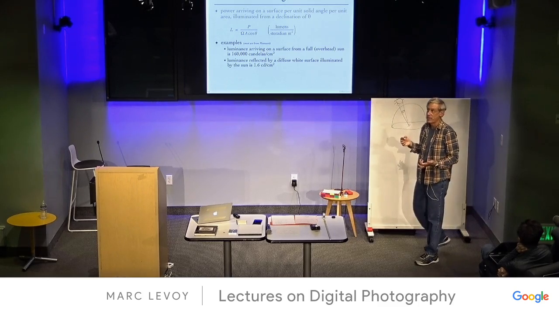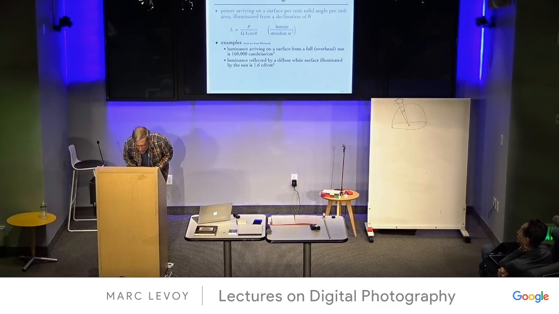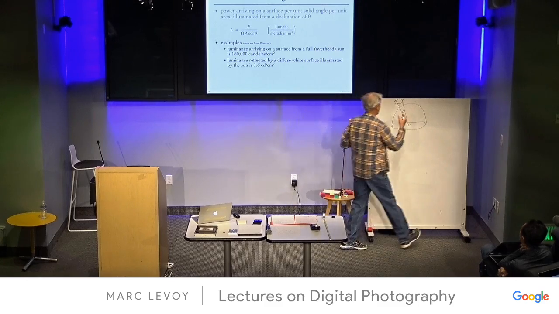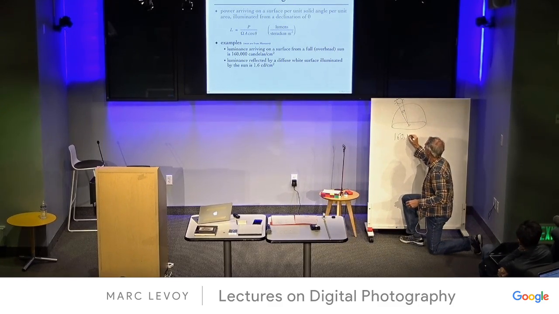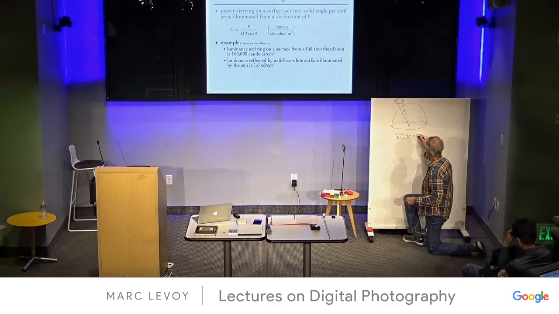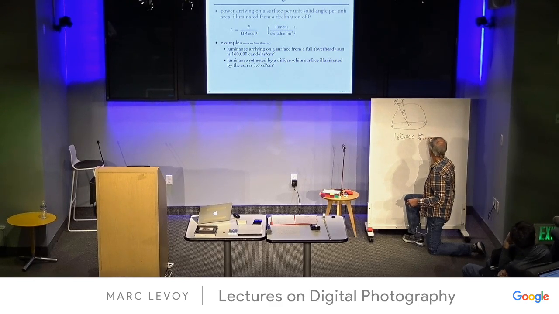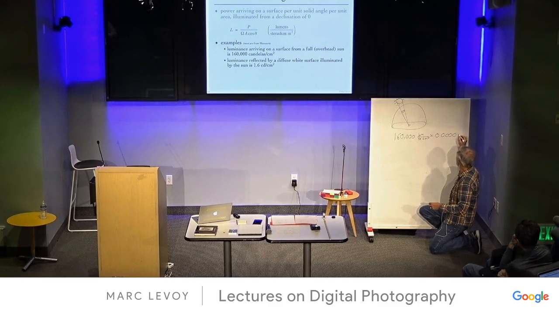The sun is about 0.01% of the luminous hemisphere. I know it in steradians, so: 160,000 lumens per steradian per centimeter squared times 0.00006 steradians.